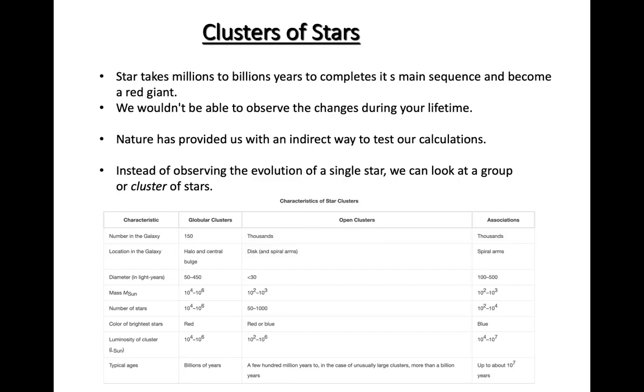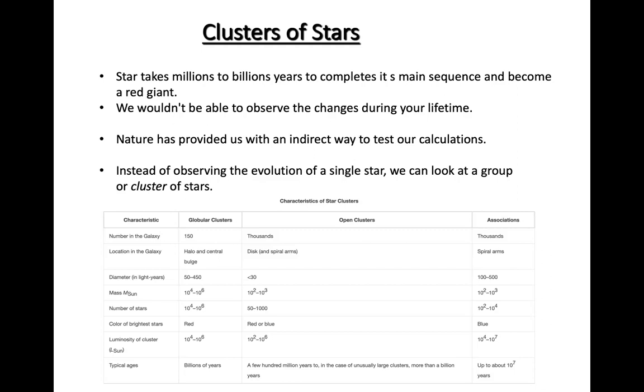This is what I wanted to show you when I assigned you to look at those four stars up in the sky, like Betelgeuse and Sirius, because these stars are at different stages of their life. So this is the advantage we have.